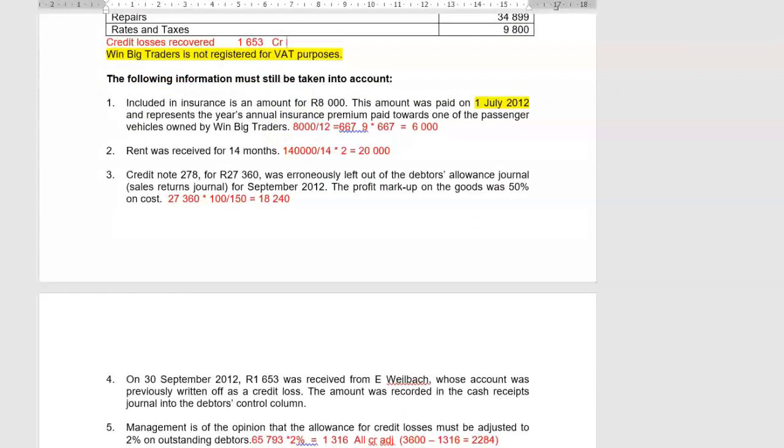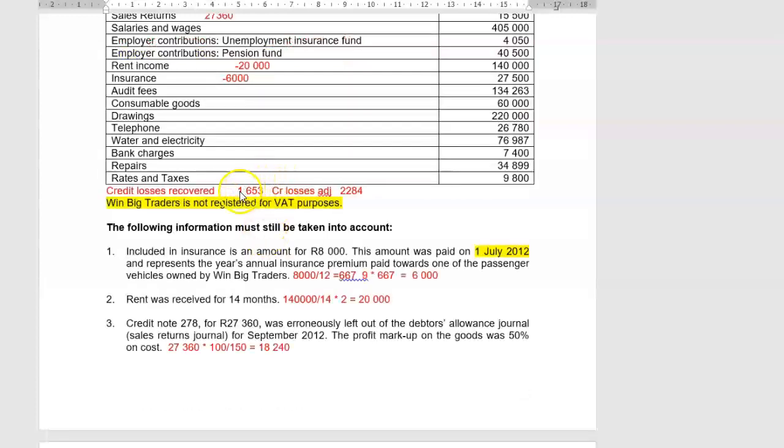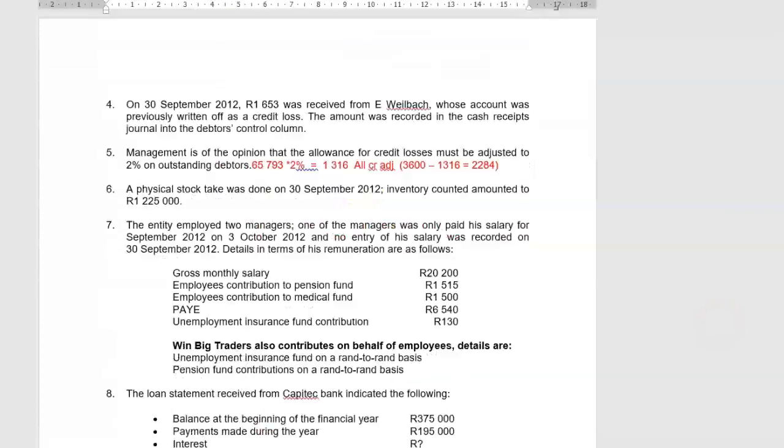Credit losses adjustment account, and that gives us a total of 2284. Again, the question does not ask trade and other receivables. So we are not much bothered more than what we've done now with that 2284. We need this one purely for income statement purposes.